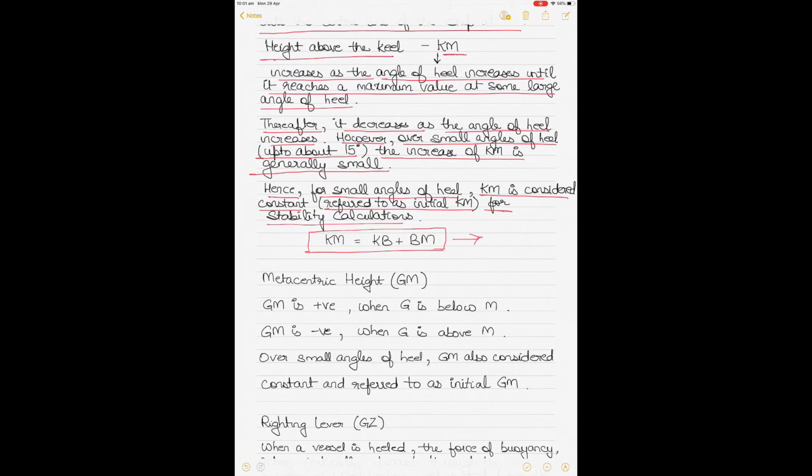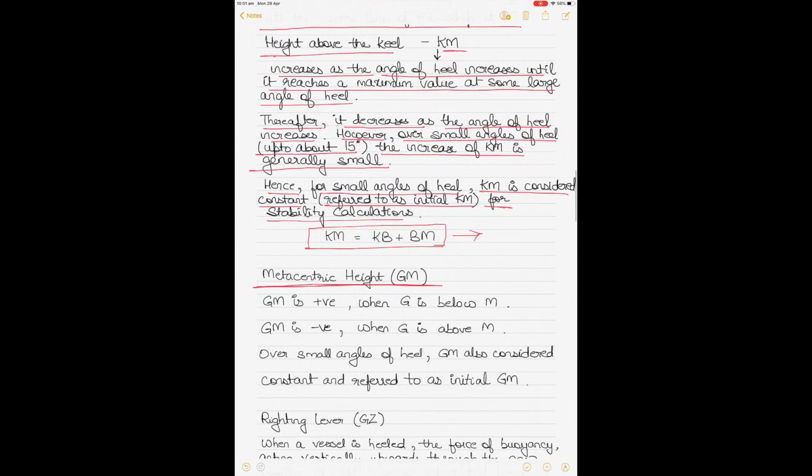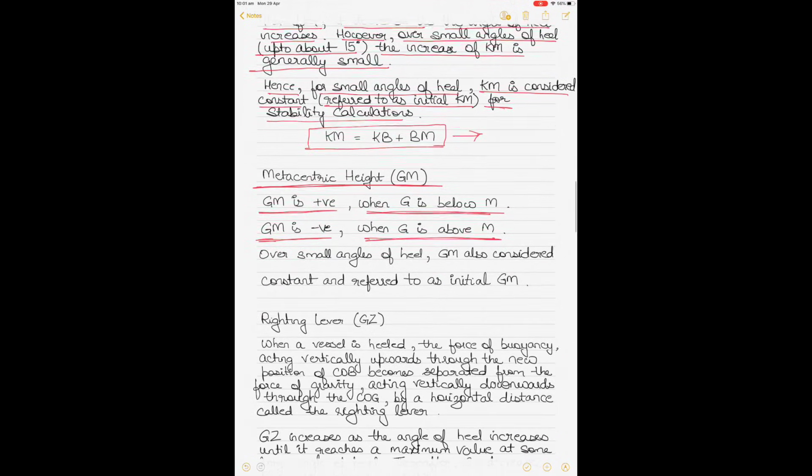Alright, now if we move on, metacentric height. Metacentric height is actually the distance between the center of gravity and the transverse metacentre, which is GM. That would be the correct definition. So GM is positive when G is below M, and GM is negative when G is above M. Vessels should be sailing out with a positive GM.